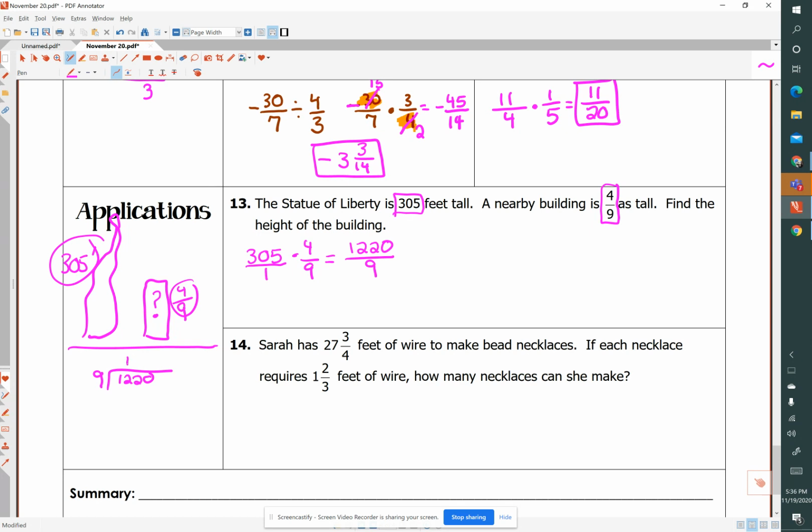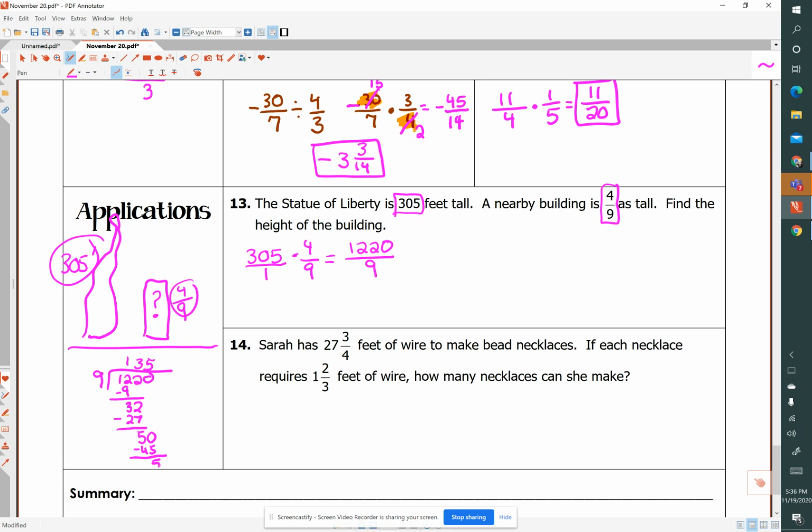9 goes into 12 one time. 1 times 9 is 9. Subtract. Okay, 9 goes into 32 3 times, because 9 times 3 is 27, and we subtract. And that gives us 5. Bring down the 0, and 9 goes into 55 times, because 9 times 5 is 45.